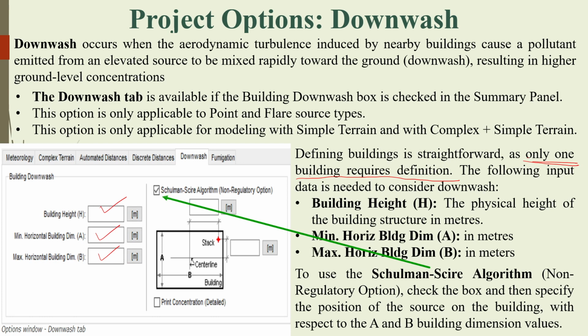But to use the Schulman-Scire algorithm, check this box here and then specify the position of the source of the building with respect to the A and B building dimension values. So give this and this here.